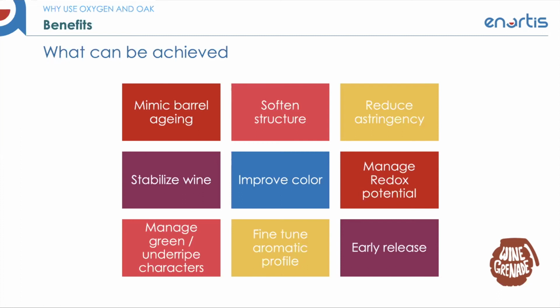So really just showing you here on this slide the number of beneficial effects that winemakers can expect from micro-ox, depending on how and when it's applied within the process.